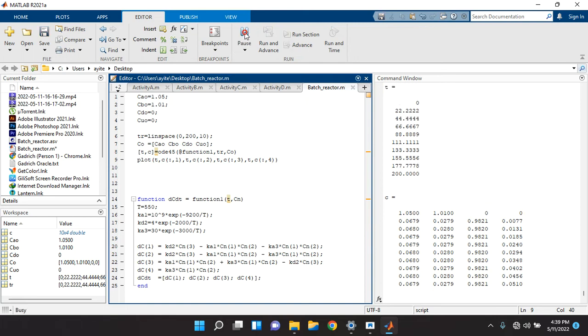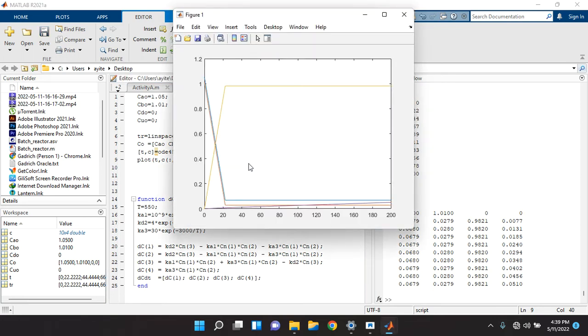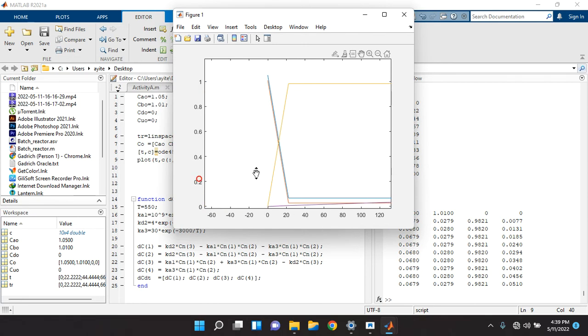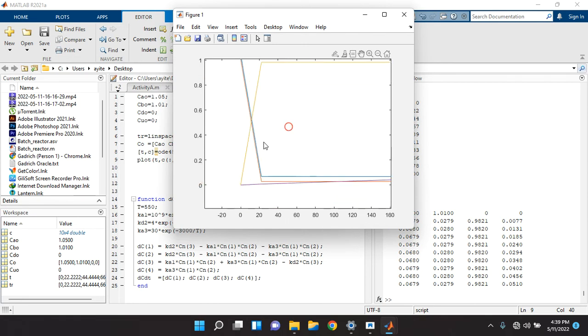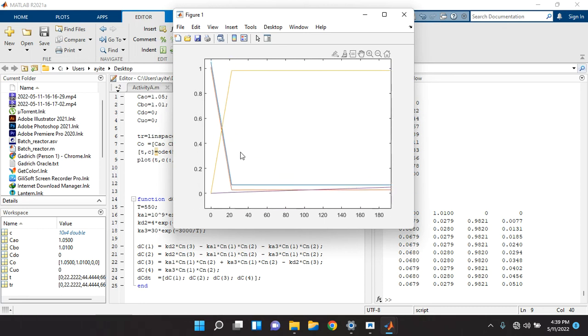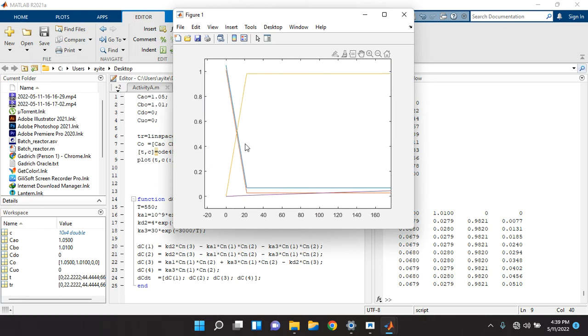So if I plot, the graph will come. So these are the concentrations, my graph, my assignment, for group 14. So this is the graph.